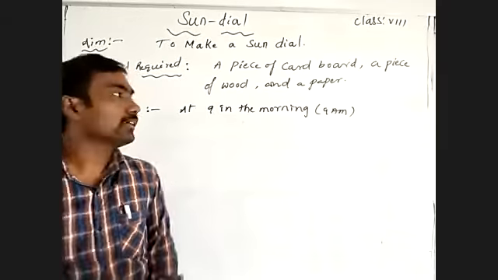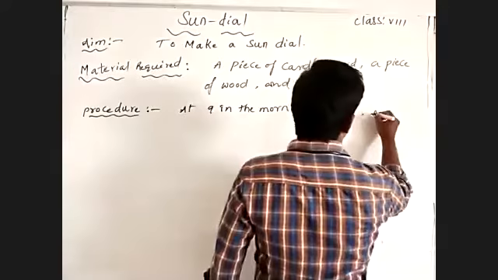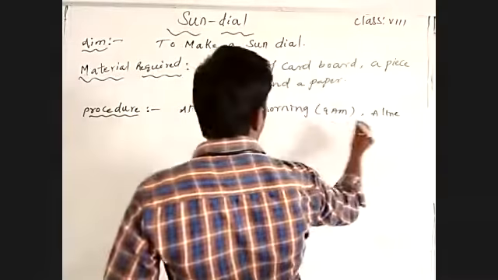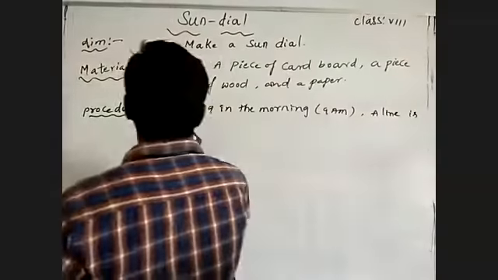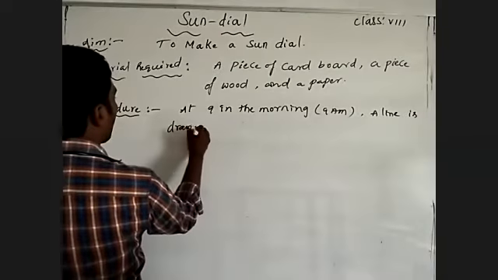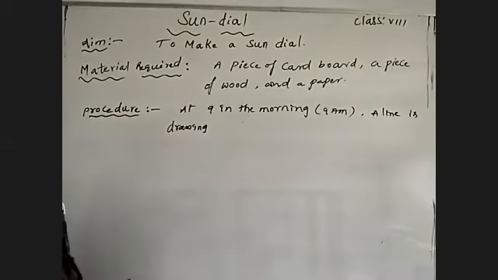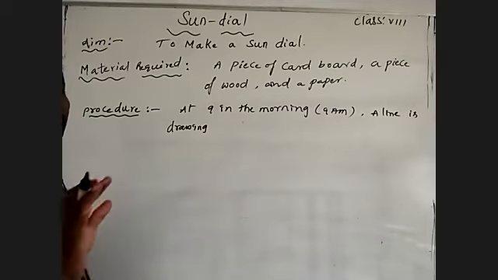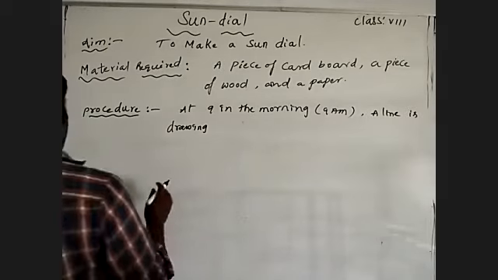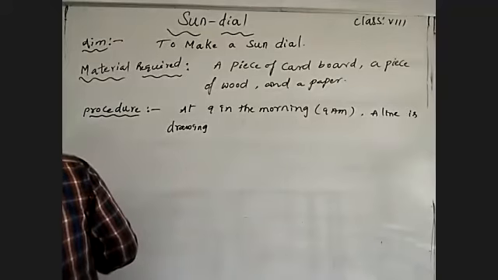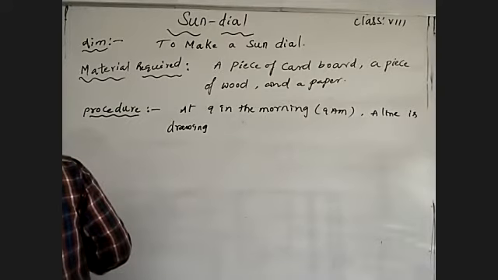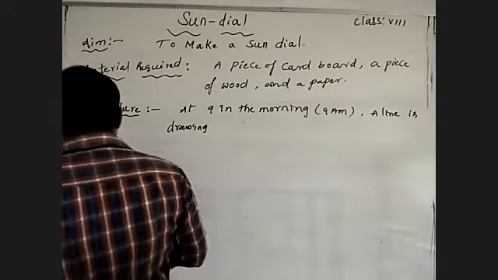The line is drawn by placing it in the open under the sun. So B should be towards the north and C should be towards the south. A line is drawn along the shadow.